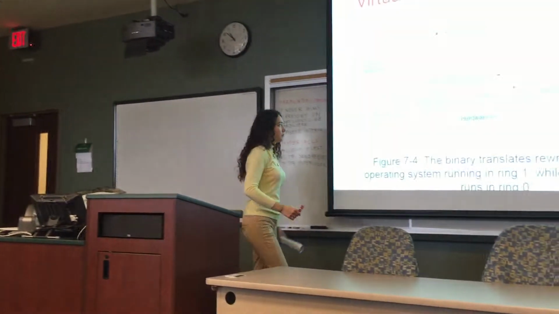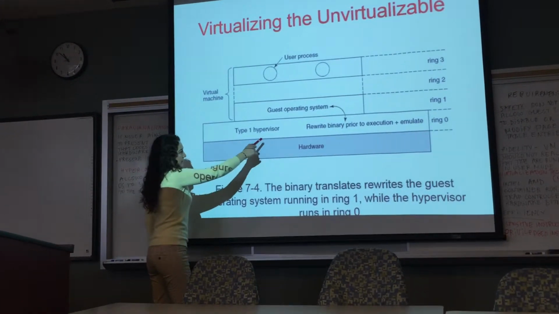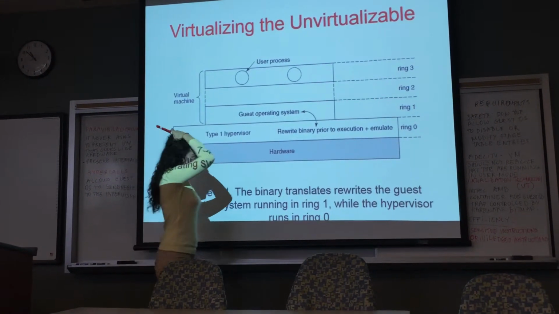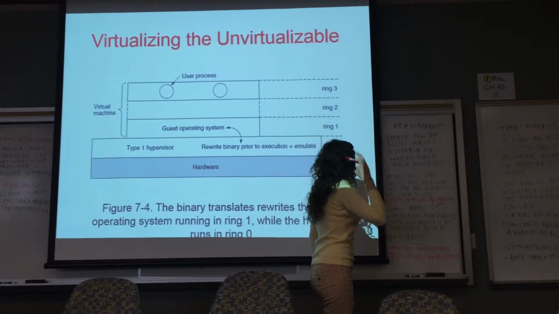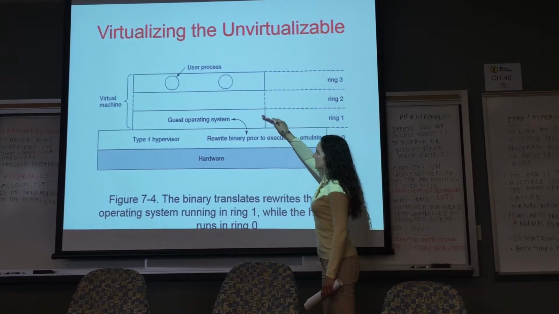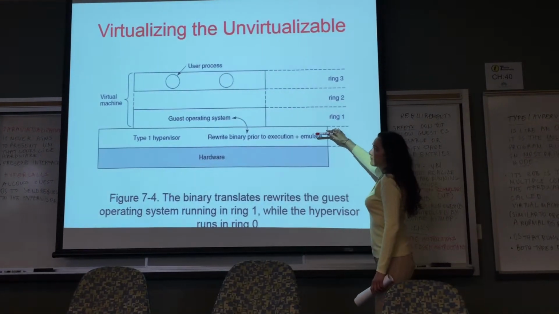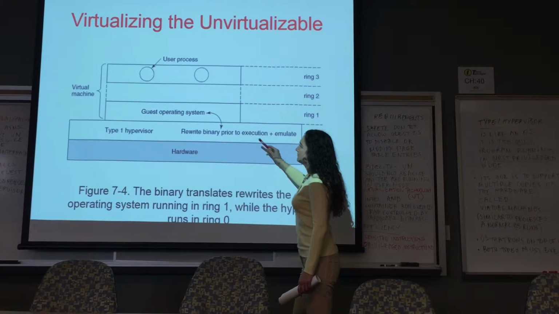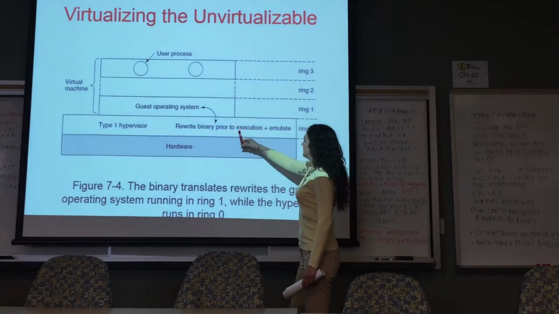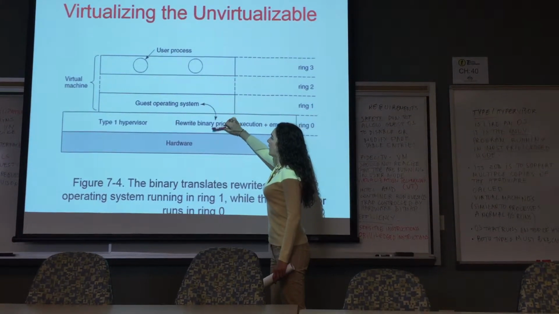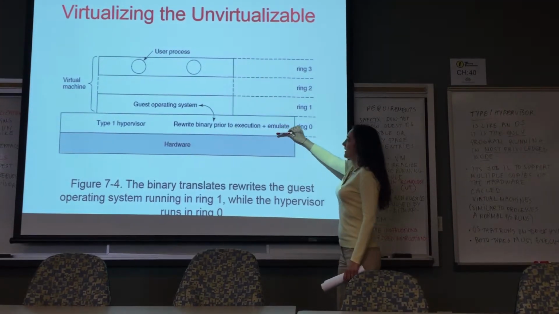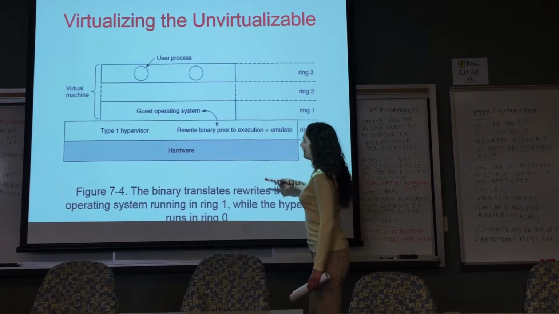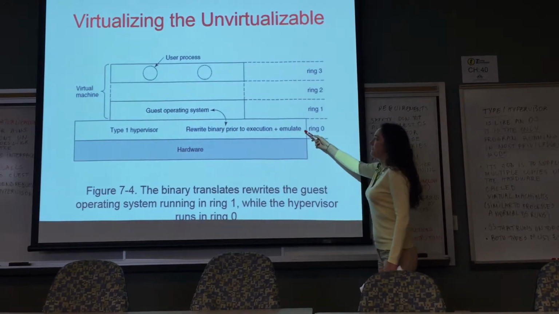And this way it's also very close to the hypervisor, which is running in the most privileged ring. And what they did is they rewrote part of the operating system so that when it has a kernel mode instruction to execute, the binaries are cached inside the hypervisor, and it does it very quickly, because if it had to do it separately every time it traps into the kernel, it would be very slow.